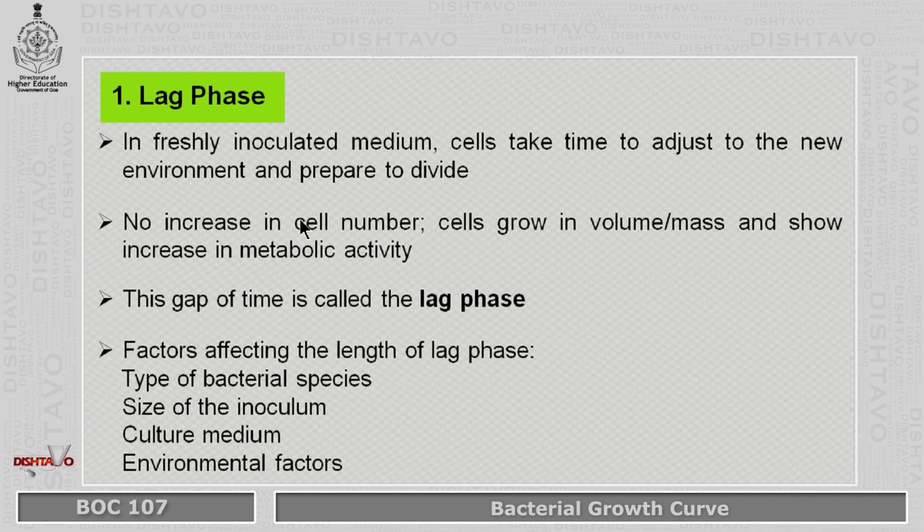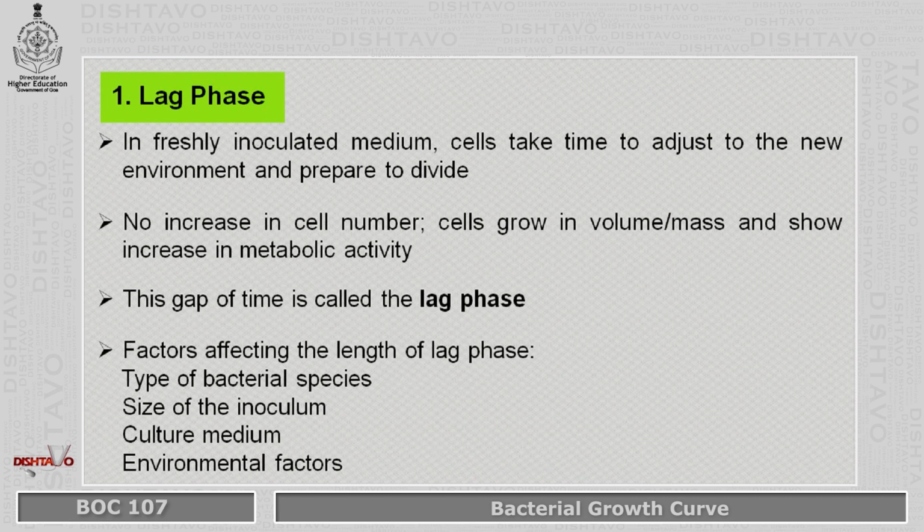Now let us study about each phase. First is the lag phase. In a freshly inoculated medium, the cells take time to adjust to the new environment and prepare to divide. In this phase, there is no increase in the cell number, but the cells grow in volume or mass and show an increase in the metabolic activity.